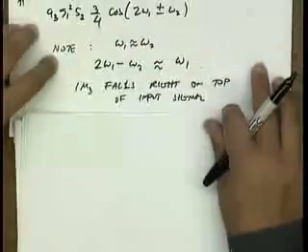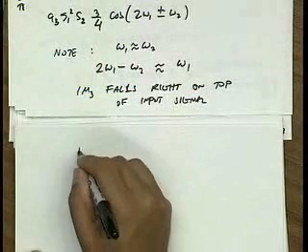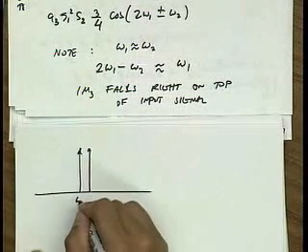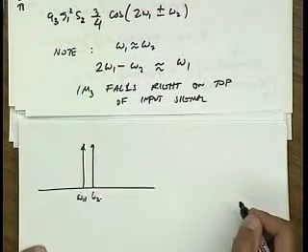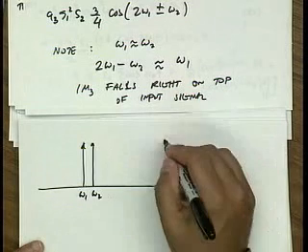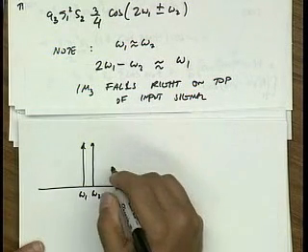Let me draw a picture. So the idea is I have frequencies omega 1, omega 2, and I go through a third order nonlinearity. I generate 2 omega 1 minus omega 2, and 2 omega 2 minus omega 1.